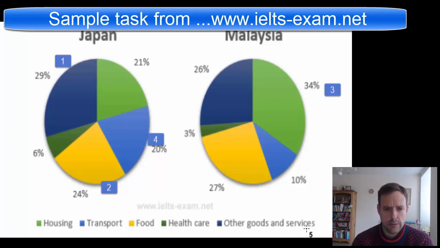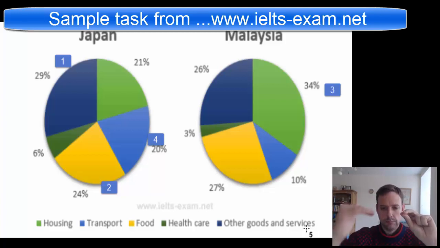So in summary, we can say that probably key point number 1 would be that spending on other goods and services and food and healthcare is reasonably similar in size. Reasonably, so they're not the same, but just reasonably similar in size. So that one there, they're fairly similar.